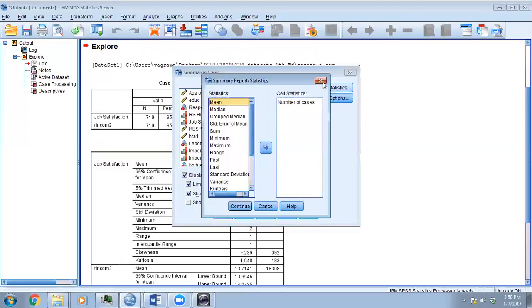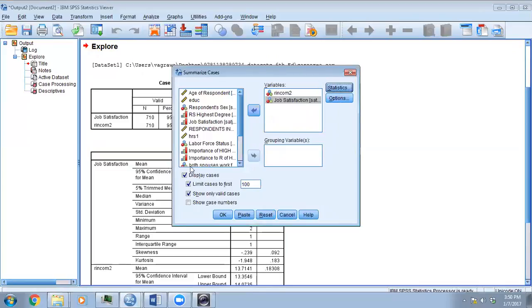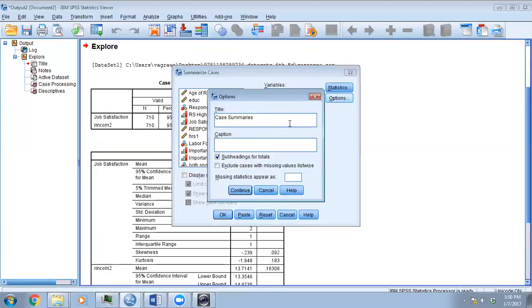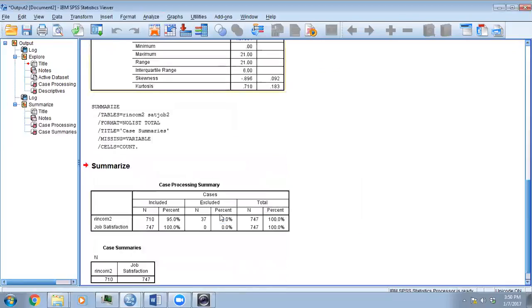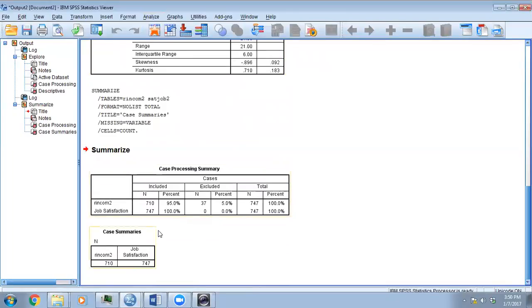Stats, just the number of cases I'm interested in. Deselect this option here. Option, we don't need to worry about any details here. Say okay here.